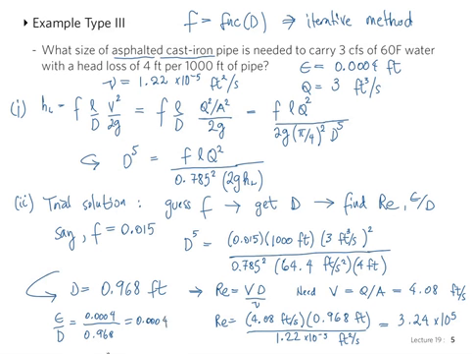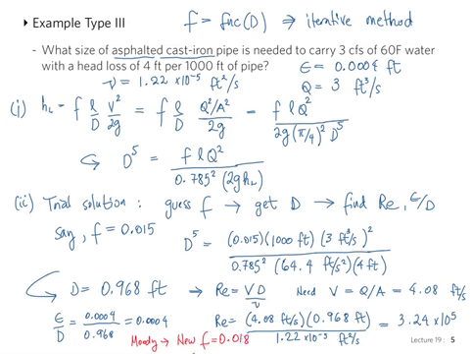So now the Moody diagram gives you a new f. According to my notes and revision of this, it is 0.018.